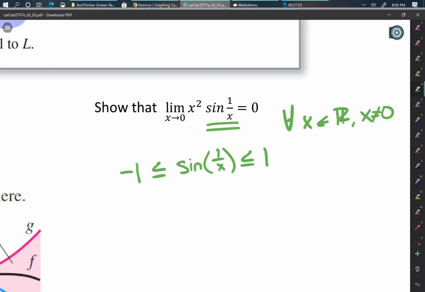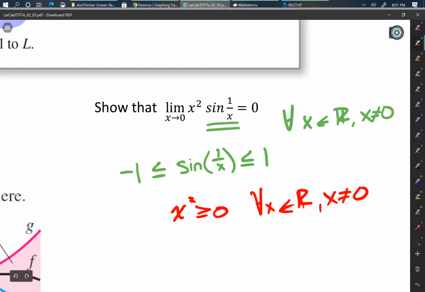And then I'm going to make use of another known property, and that is that x squared is greater than or equal to 0 for all x elements of the real numbers, and x not equal to 0. Actually, I'm going to make it just be greater than 0, because if it's not equal to 0, it's always greater than 0.